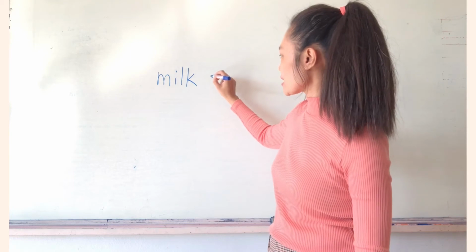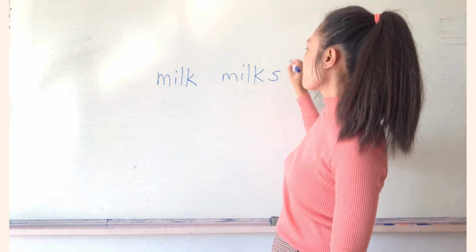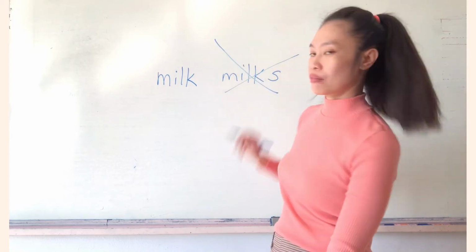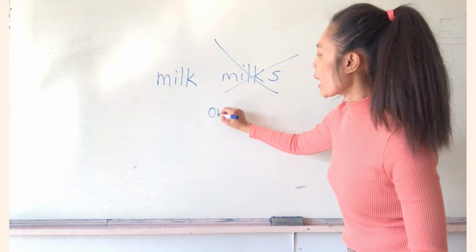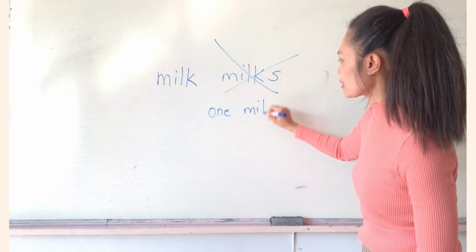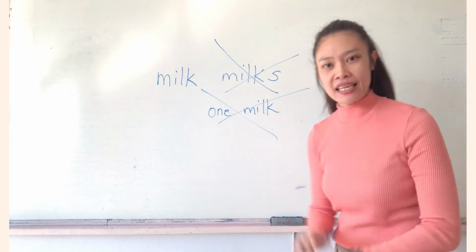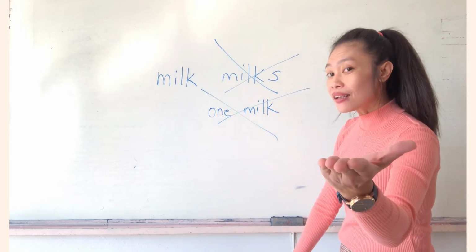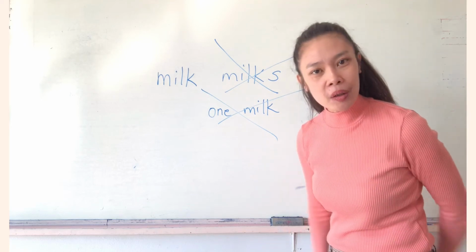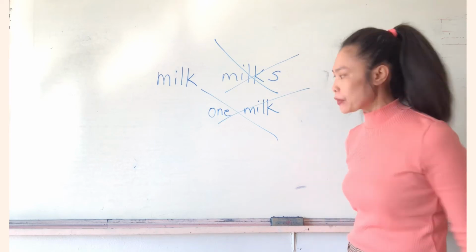We cannot say milks. That's not right. Or 1 milk. That is not correct. So milk is uncountable noun. Understood?